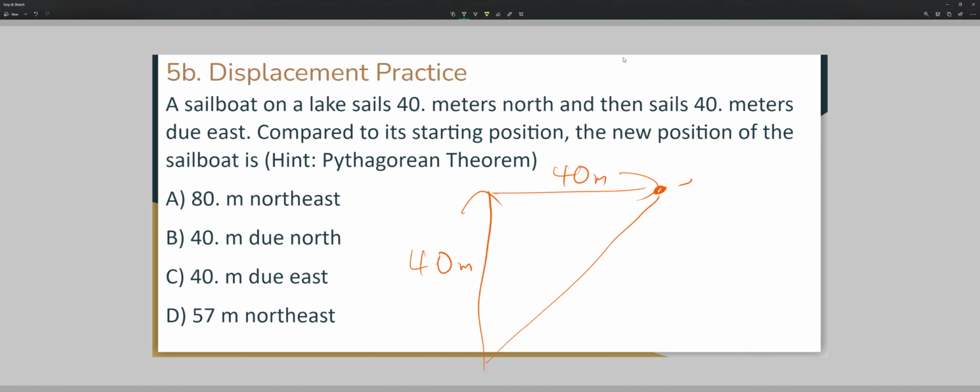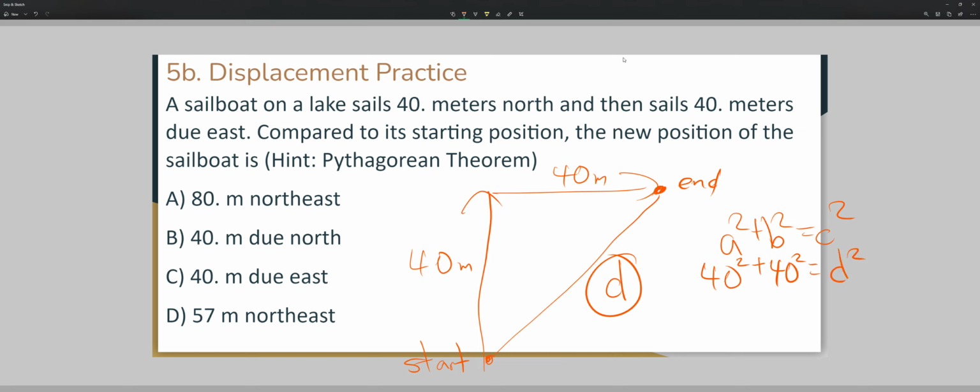So again, you end here, you start here, you look at your answer choices. They essentially want the displacement between the end and the start. So they want to know what D here is. If you do A squared plus B squared is equal to C squared, this is the Pythagorean theorem you learned in math class.